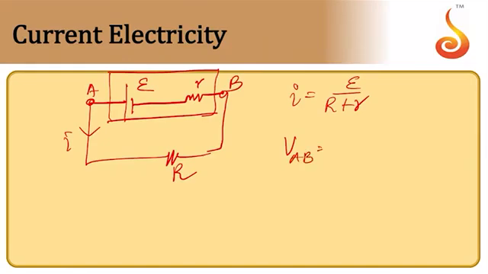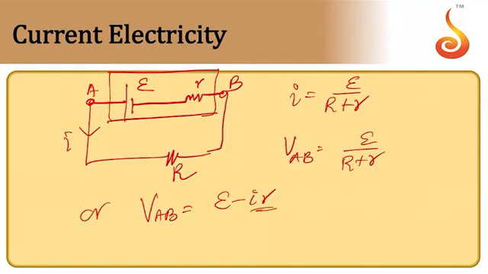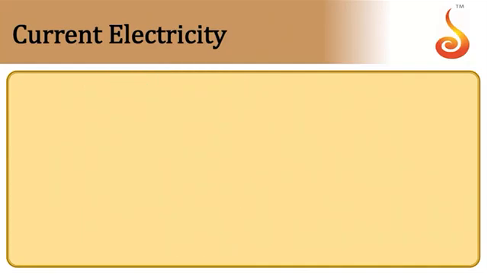This can be written as E divided by R plus R. Or potential difference AB can also be written as E minus IR, where IR is the drop across its internal resistance. So potential difference AB, which is also called terminal potential difference, is nothing but E minus IR. So terminal voltage or terminal potential difference is nothing but the EMF minus IR.